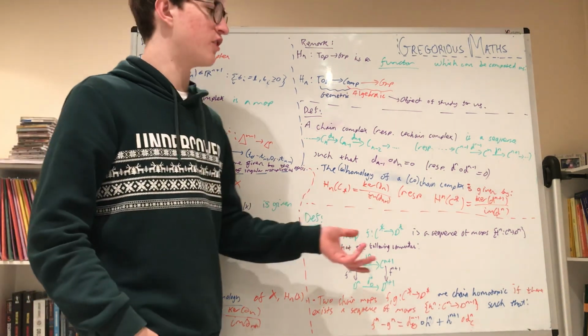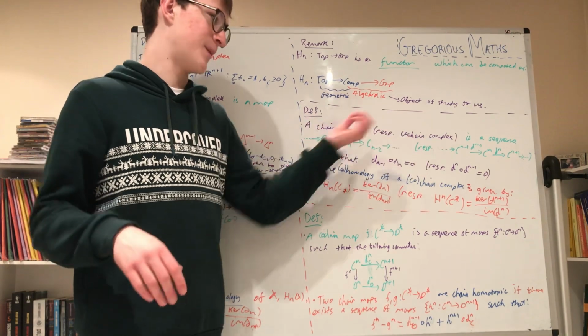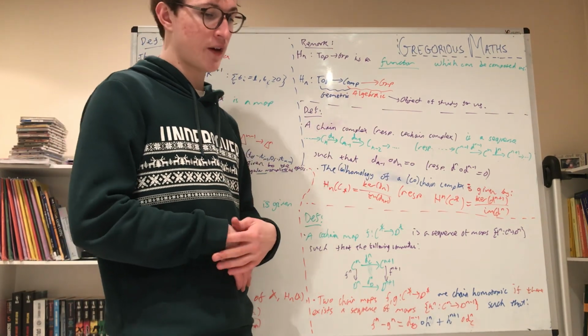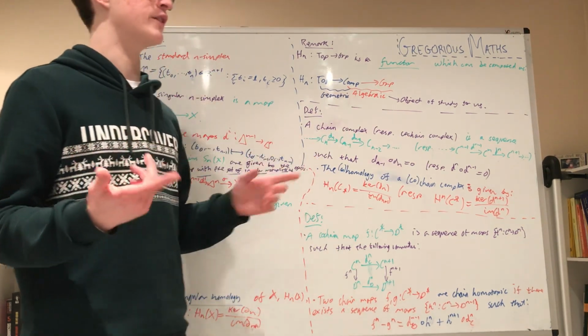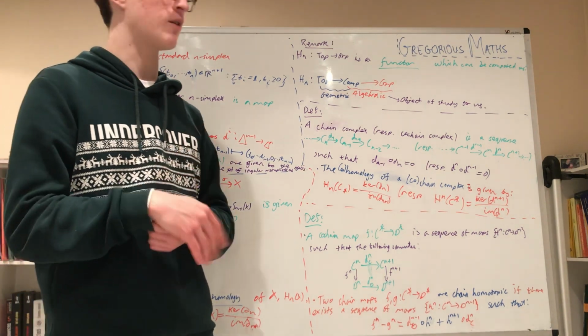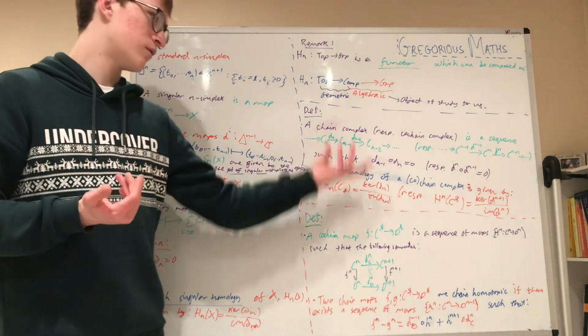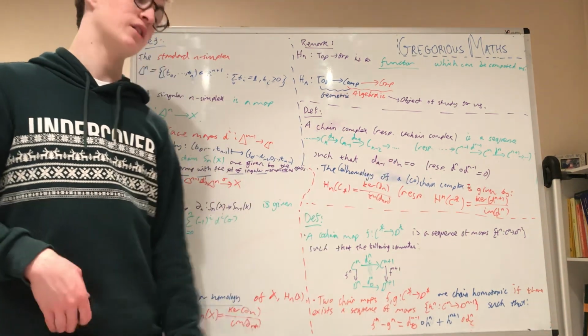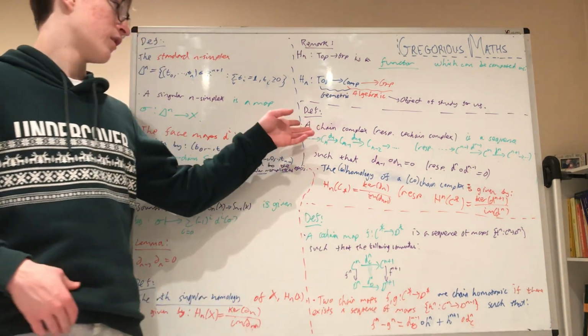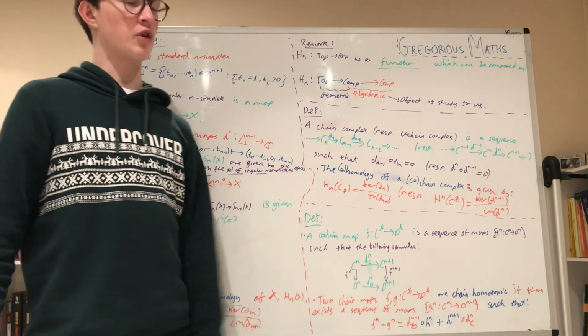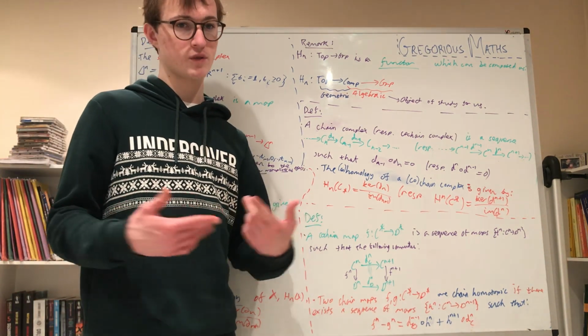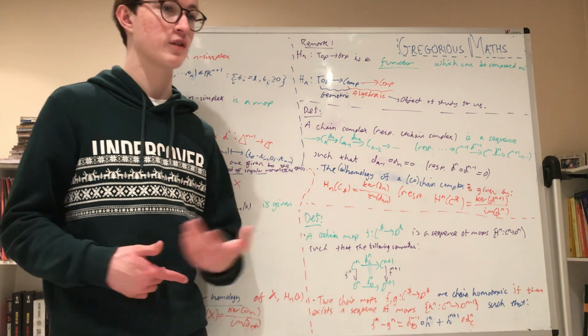Our journey begins by defining exactly what a complex is. I haven't precisely defined it yet, although I'm sure you would be able to figure it out by yourself, given the examples that I've already told you. But I feel I should write it out. Now, there are two different types of complex, but they're pretty much just dual notions.